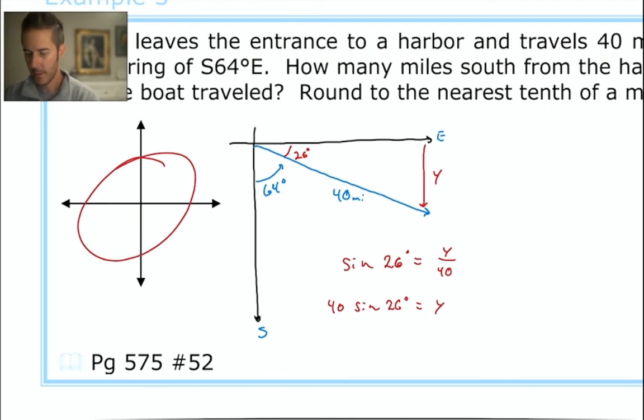Grab the old calculator, typing it in from inside out on this one. So I'm clearing a couple times, still in degree mode, yep. 26 sine, I've got 0.438 times 40 equals, and I got 17.53.